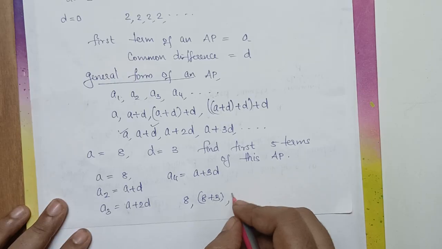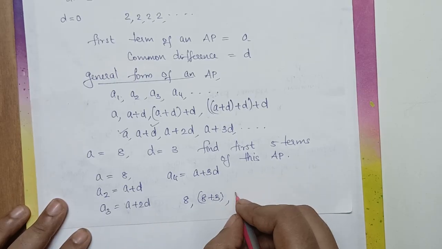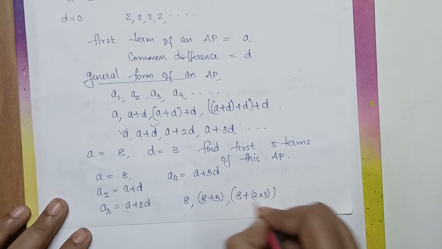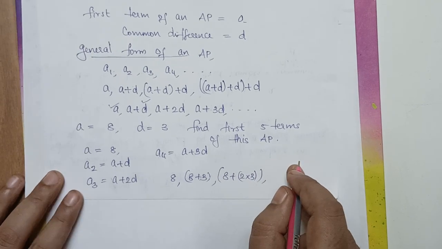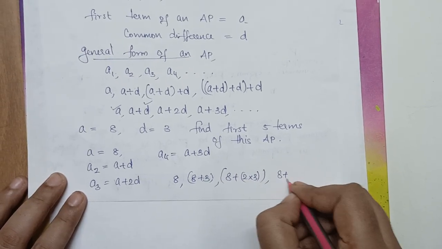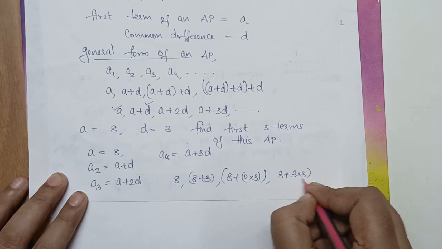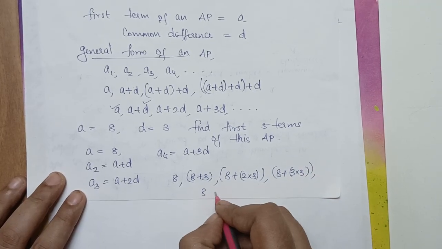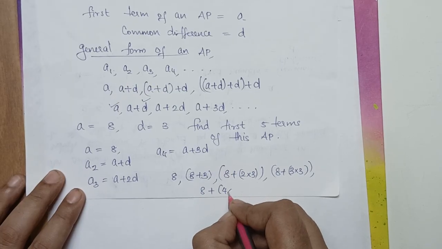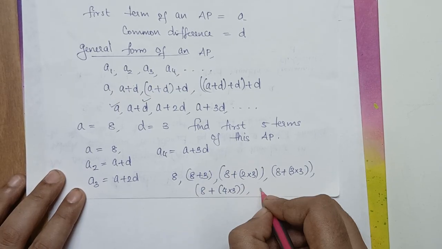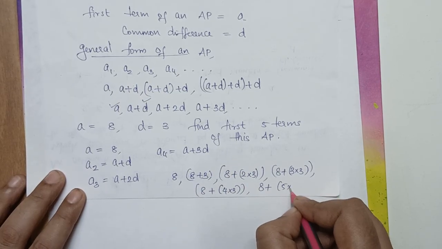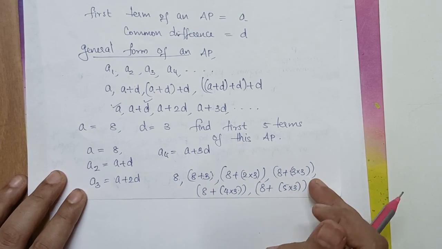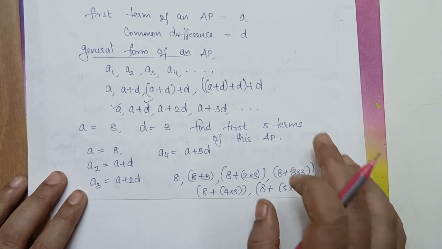Now we have A plus 2D, which means 8 plus 2 into 3. The next is 8 plus 3 into 3, then 8 plus 4 into 3, then 8 plus 5 into 3. Anyway, we have to find out the first 5 terms.